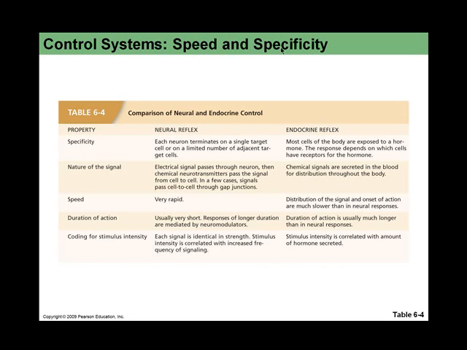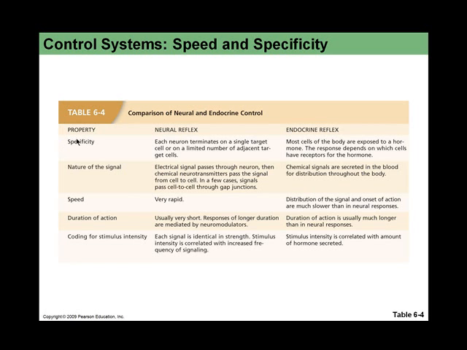Now let's think about speed and specificity. So there's a comparison of neural and endocrine control on these two concepts of speed and specificity for regulatory mechanisms. So let's take a look at the property in the left column, and then the neural reflex in the center column, and the endocrine reflex on the right.